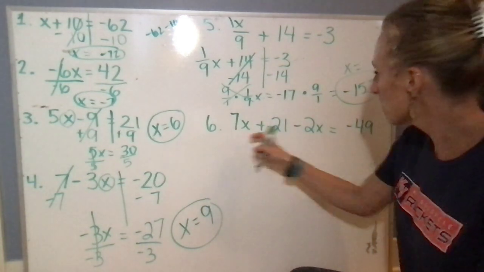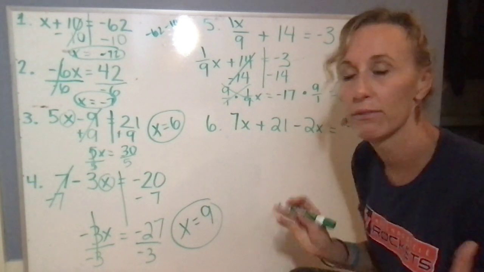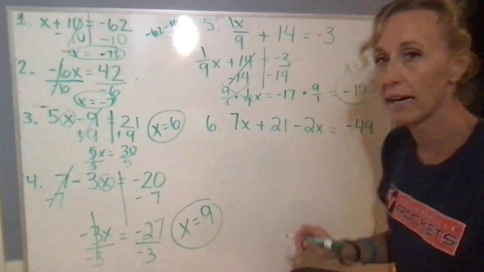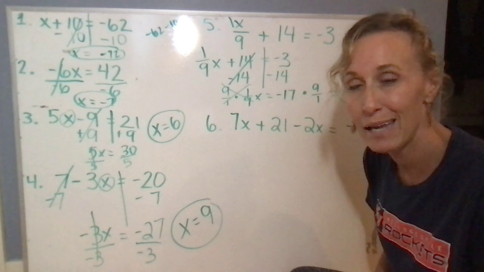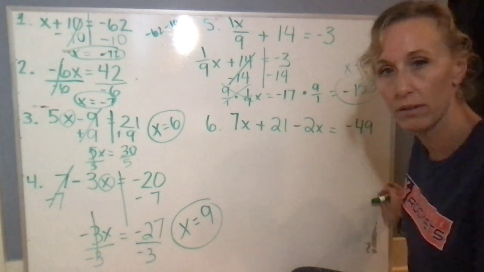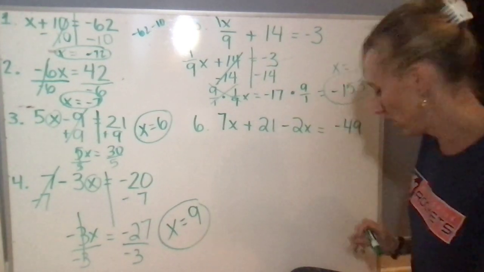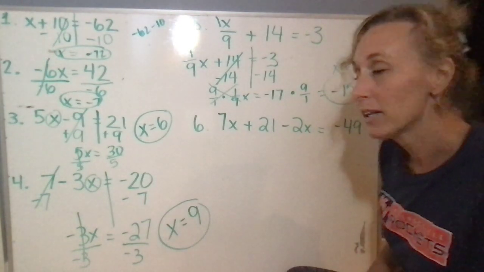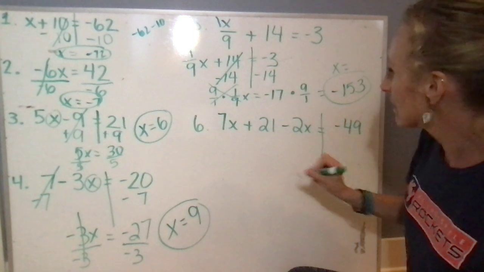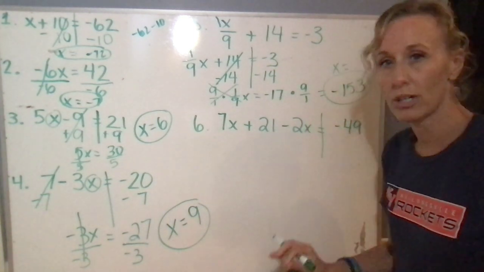All right, what happens when you have more than one variable on the same side? So I have a 7x and a negative 2x on the same side. Well, let's see what we do. Let me move this over. Okay, so what you're going to do if they're on the same side is you have to combine like terms, okay?